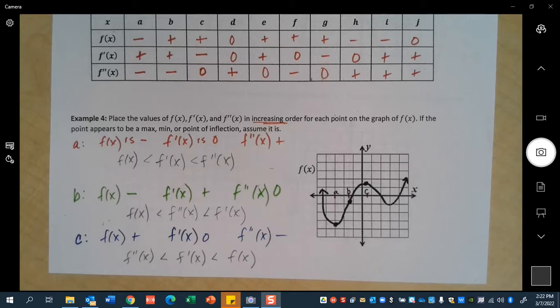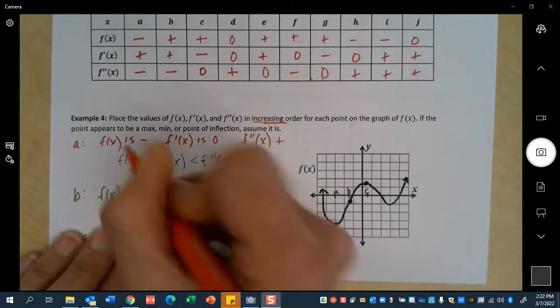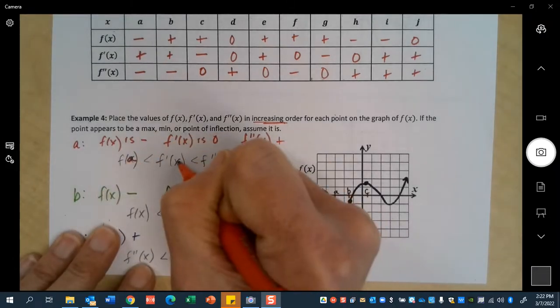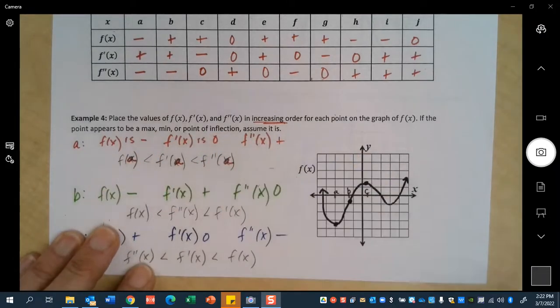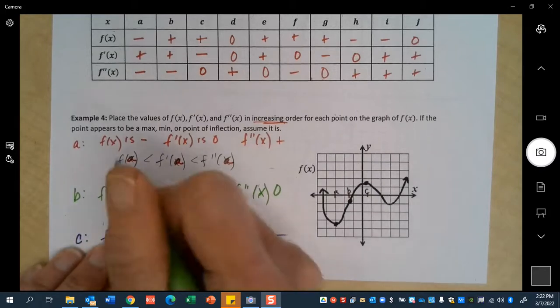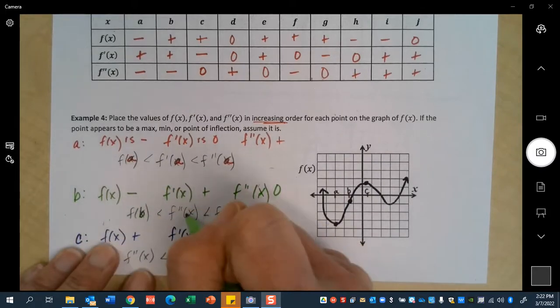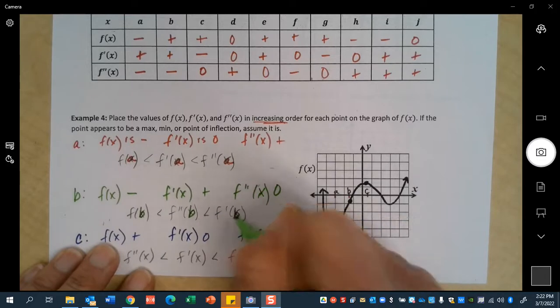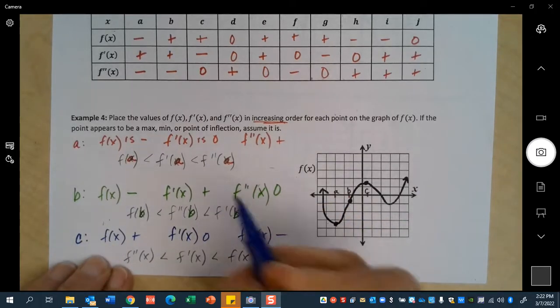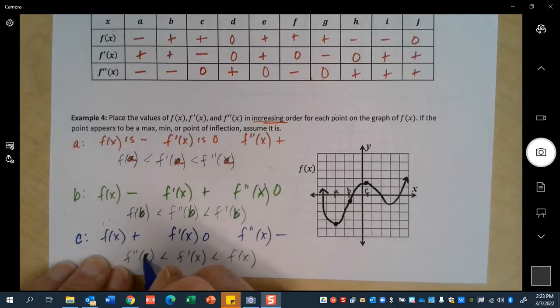Keep in mind, these are different output values for each of these different input values. In fact, if I'd wanted to, I could have put f of a, f prime of a, f double prime of a. I could have put f of b, f double prime, f prime, and I could have put f double prime of c.